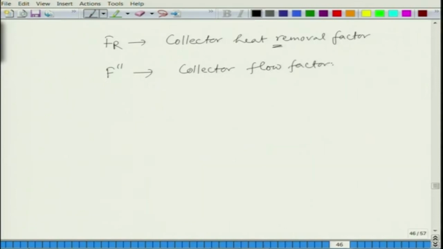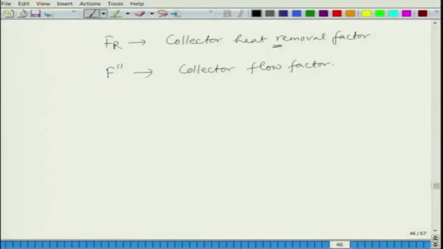Why do we call it flow factor? Because it includes the mass flow rate quantity, and that is why it is used to normalize between different size solar collectors. So, if you have a big solar collector, if you have a small one, how do you compare their performance? That is where this collector flow factor comes into the picture. Okay. These are the names.